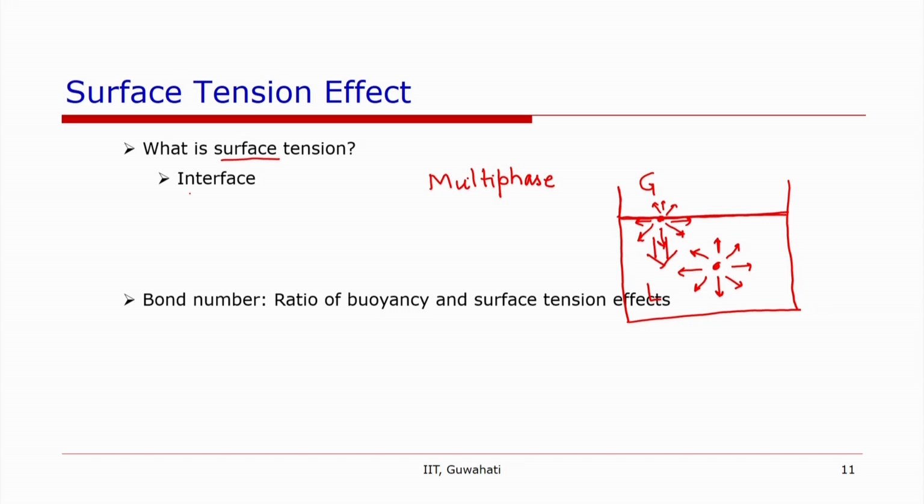There is a non-dimensional number called the Bond number, which compares the buoyancy force and the surface tension force.